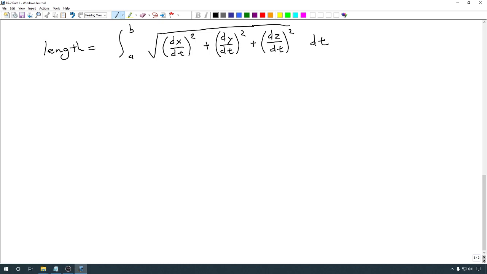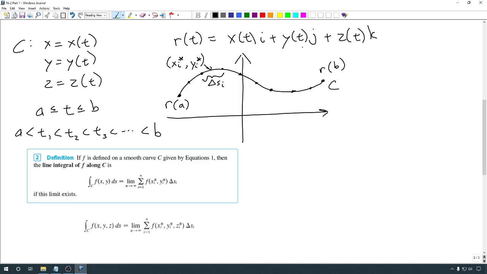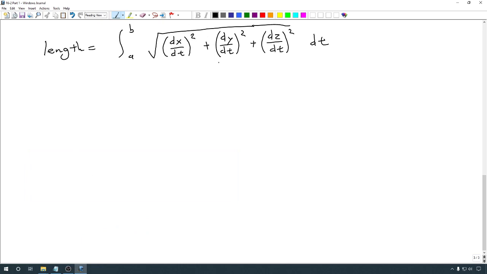Now, essentially, all we really did here is we derived an approximation for our arc length, our delta si's, in terms of the distance formula, or you could say the Pythagorean theorem. And that's where all this came from.